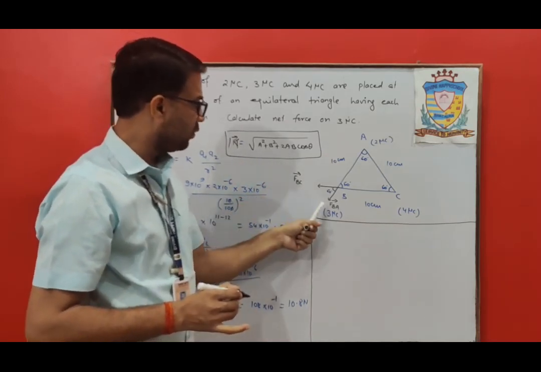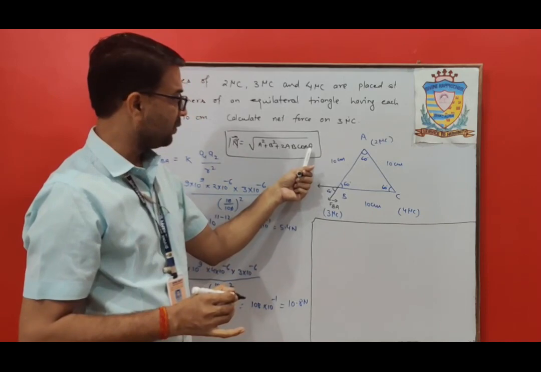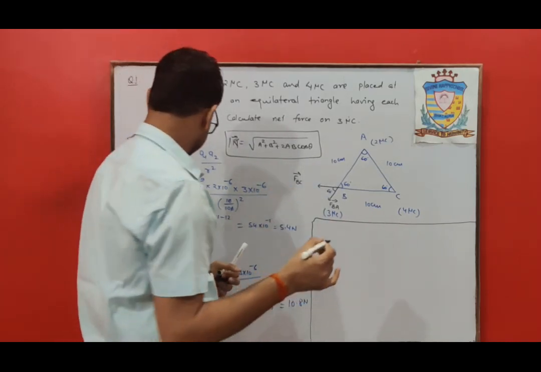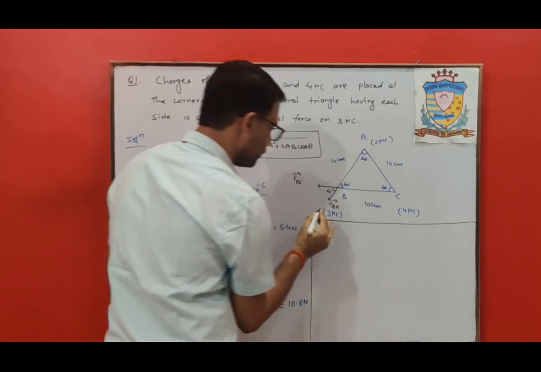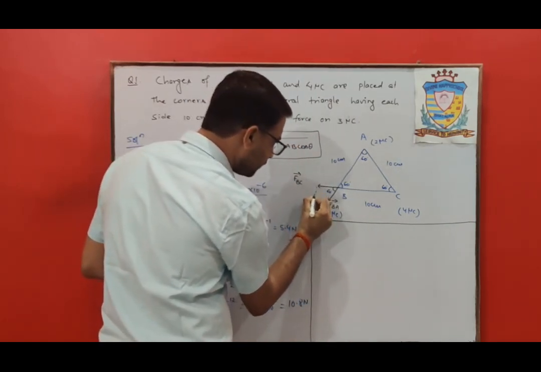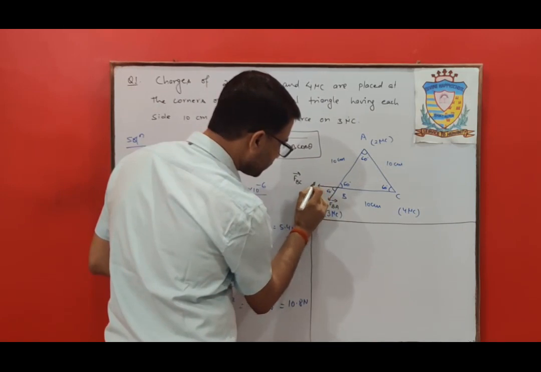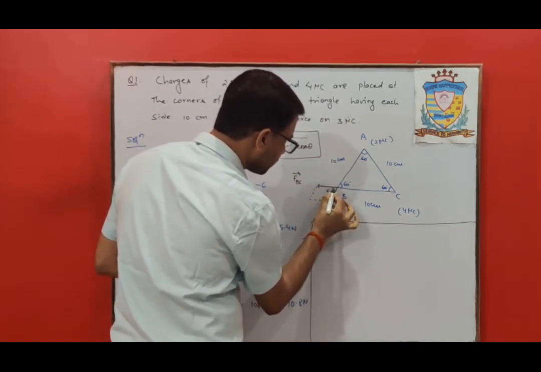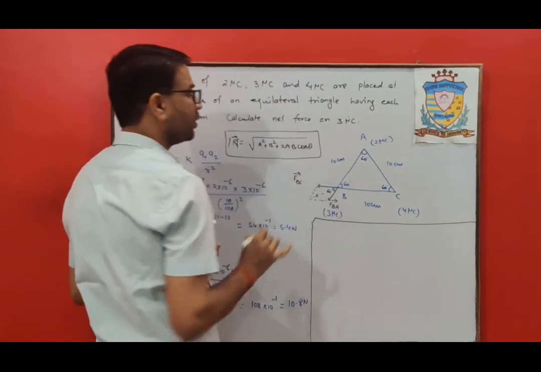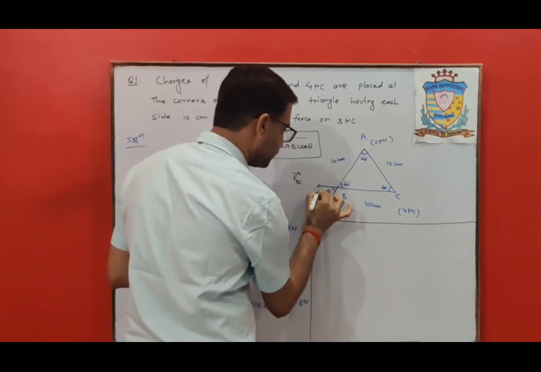In place of B, we have FBA, and angle between them is 60 degree. So, resultant force F, which will be in the direction of like this. This will be the resultant value, that is F.